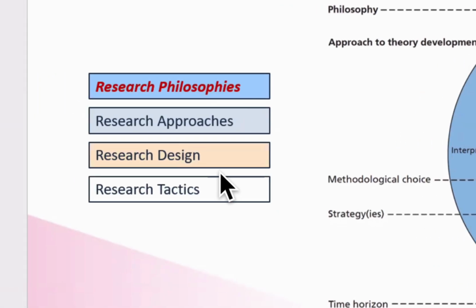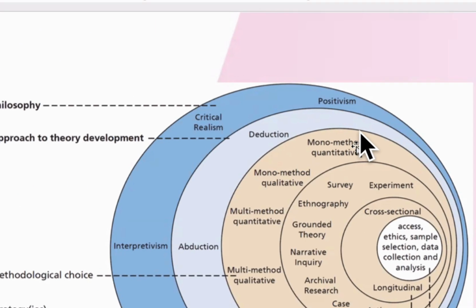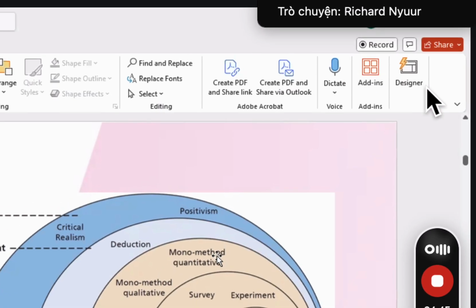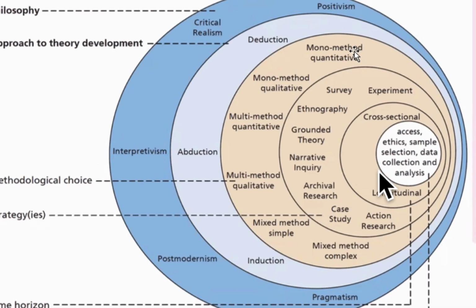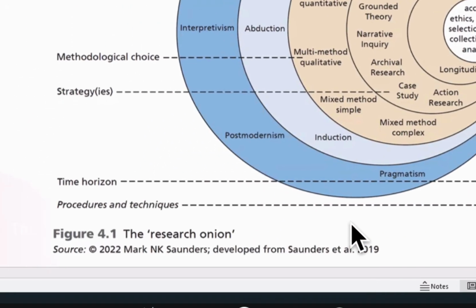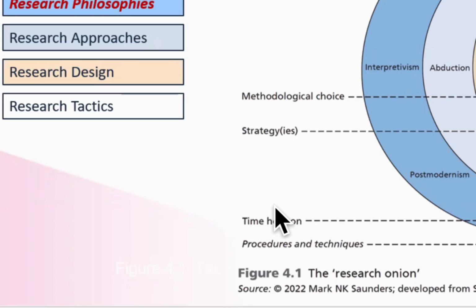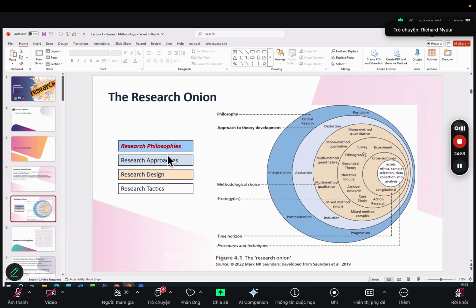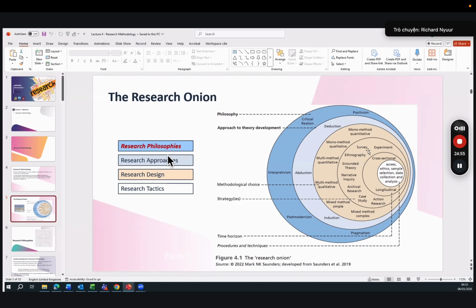Again, it is more quantitative. You could use a mono method, and for quantitative you are using things like surveys, and to collect surveys, cross-sectional or longitudinal data collection.